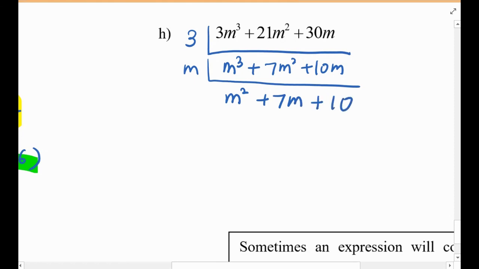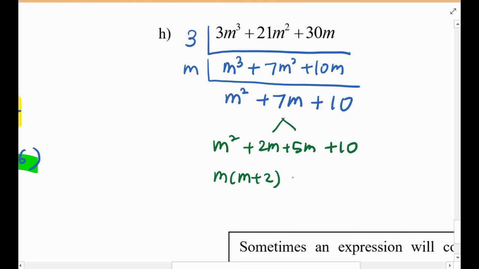Now you're going to find two numbers that add up to 7 and multiply to 10. Those two numbers will be 2 and 5. So let's do this. m squared plus 2m, you factor m.